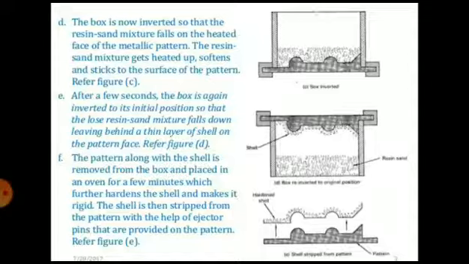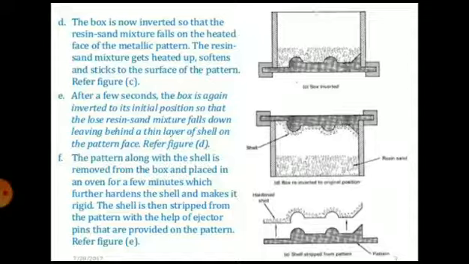After reversing, the sand mixture falls over the surface of the heated pattern. Now the heat penetrates the mixture, resulting in formation of a shell over the pattern, due to the penetration of heat.